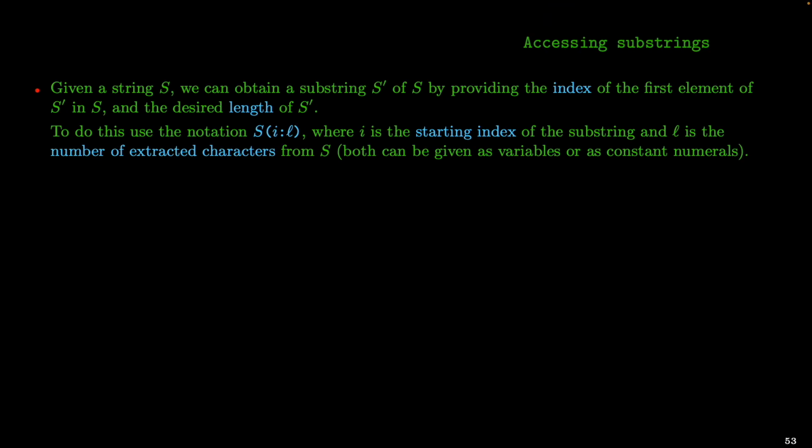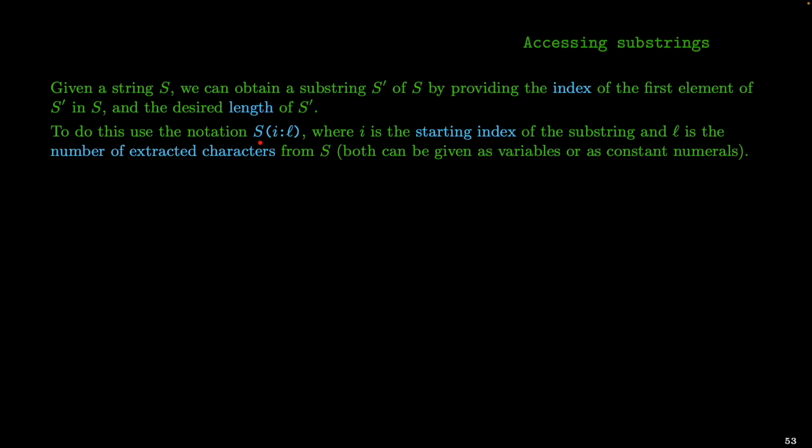Finally, we want to see how we can access substrings of a string. So again, we're given a string S and we want to obtain a substring S prime by providing the index of the first element of S prime in S and the desired length of S prime.